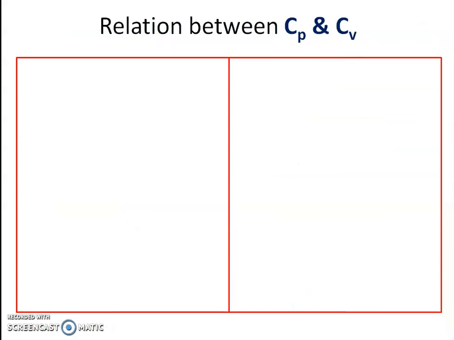Now the next point is the relation between Cp and Cv, that is, the relation between molar heat capacity at constant pressure and molar heat capacity at constant volume. This is the mathematical expression for enthalpy: H is equal to U plus PV.